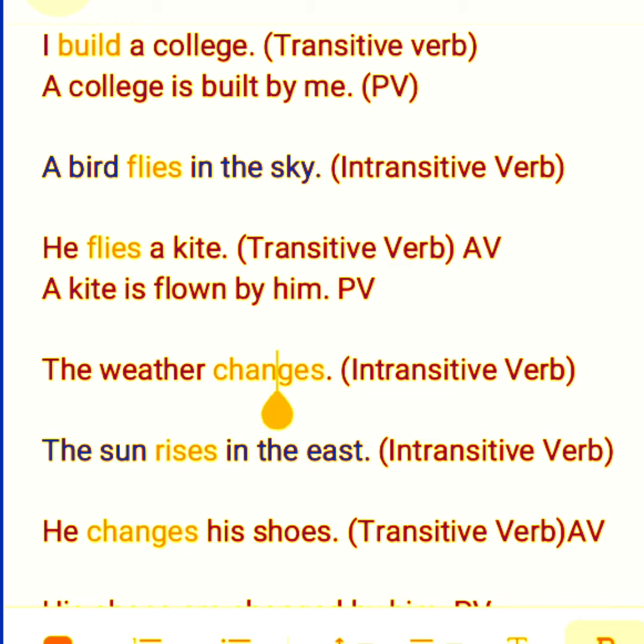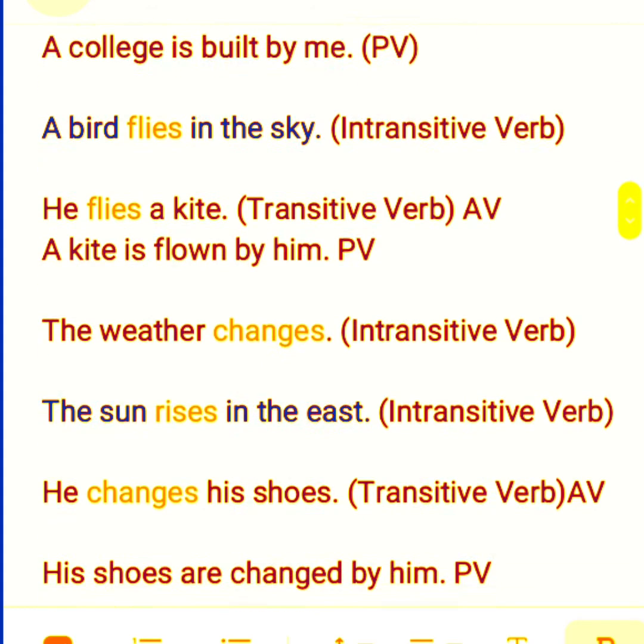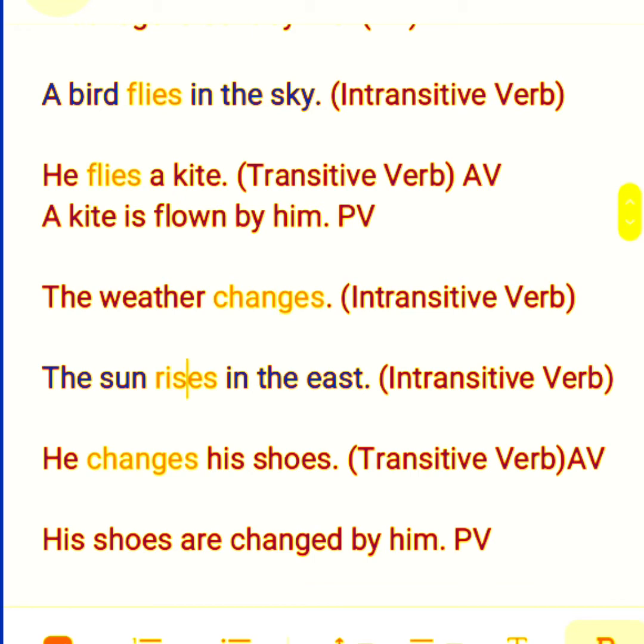But here it is intransitive. Suppose if there were the verb God changes the weather, then the passive voice would have been the weather is changed by God. But here it is intransitive. The sun rises in the east. Again, this is intransitive verb.